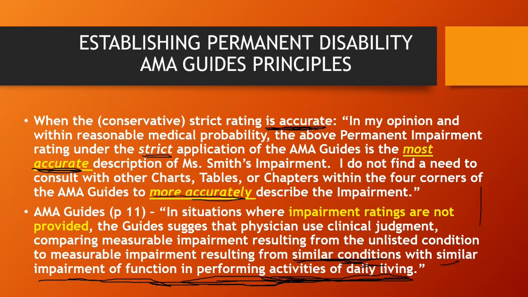So here is opportunity number one for arriving at more accurate permanent impairment ratings, is by analogy to injury conditions that cause similar impairment for the same or similar activities of daily living.